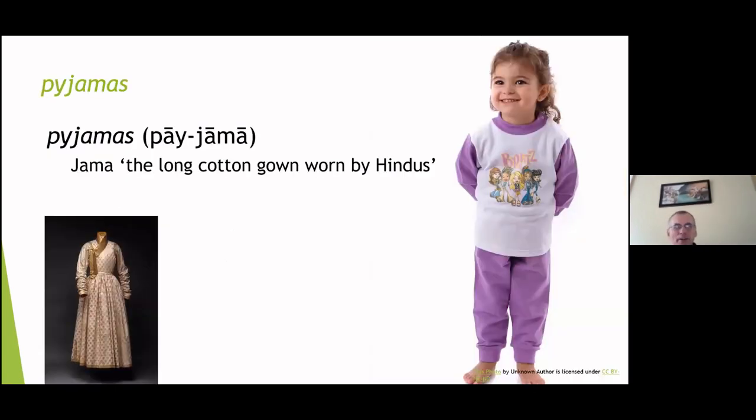Now, a more interesting word, pajamas. Pajama comes from the Hindi and Indic word pajama. Jama is a long cotton gown worn by Hindus, as you can see in the picture. Pae is a Hindi word shared with Persian, meaning foot. So pajama means a kind of footwear.